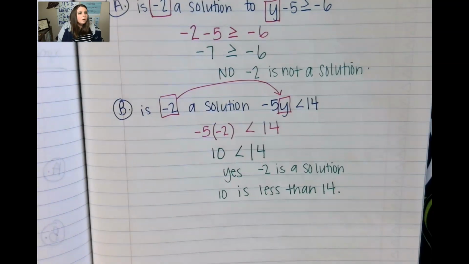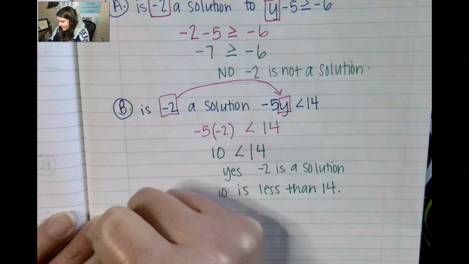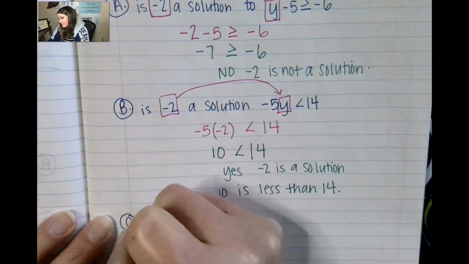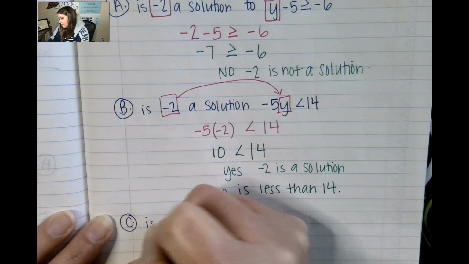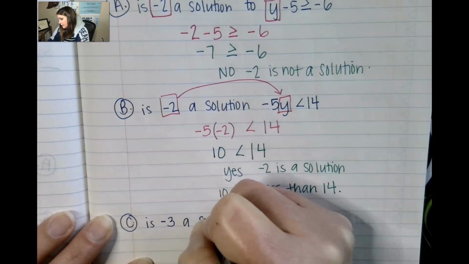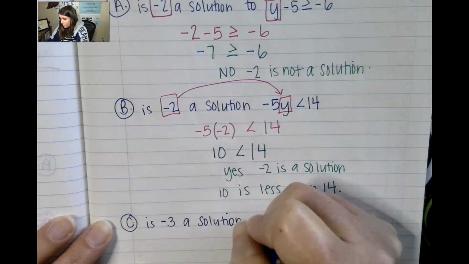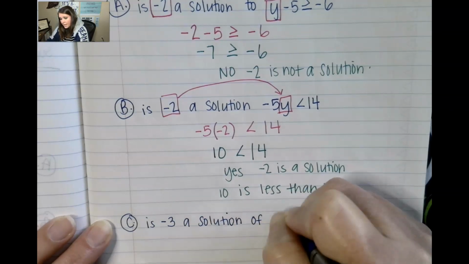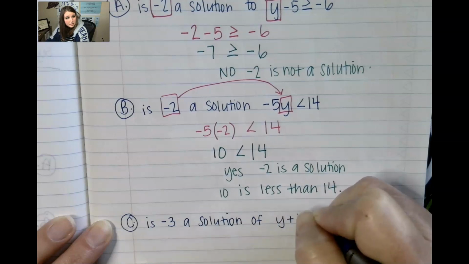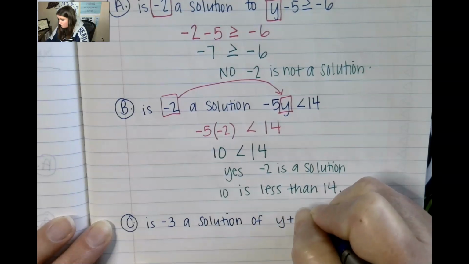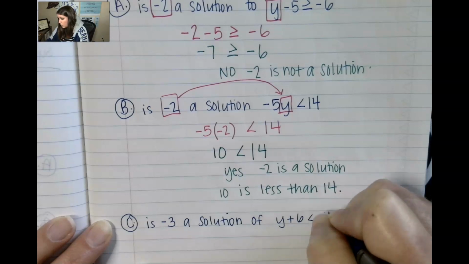Okay, let's do another example. And this time, hopefully it's not negative 2. Negative 3 this time. Okay, so we're looking at example C, and they want to know, is negative 3 a solution of y plus 6 is less than 4?